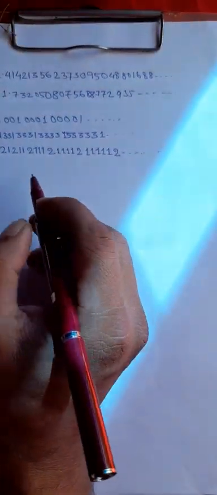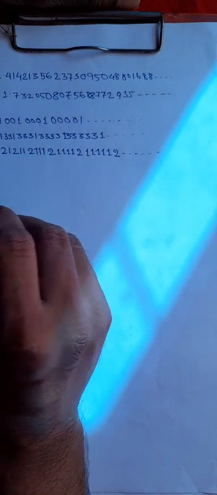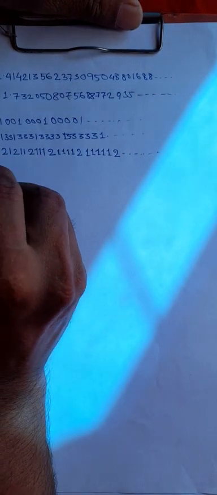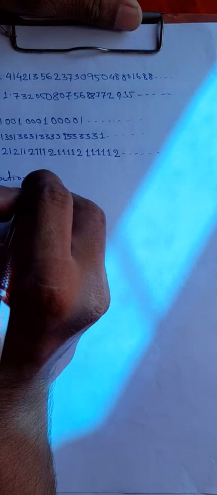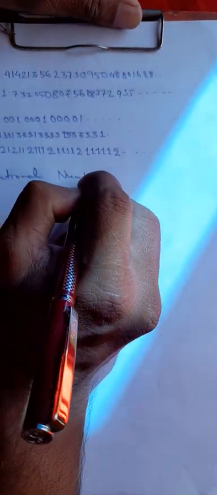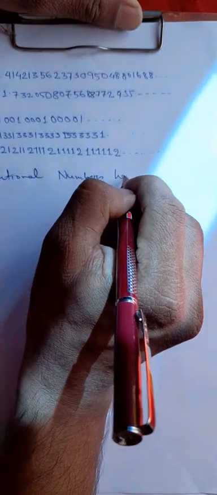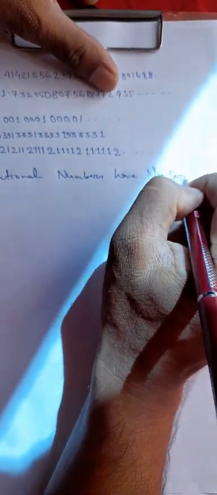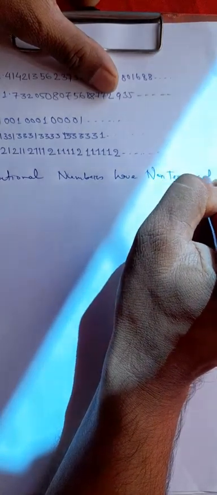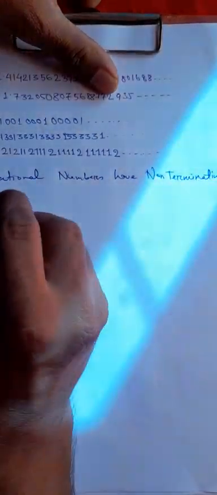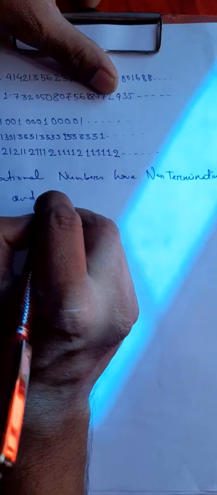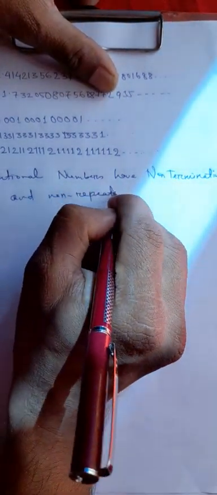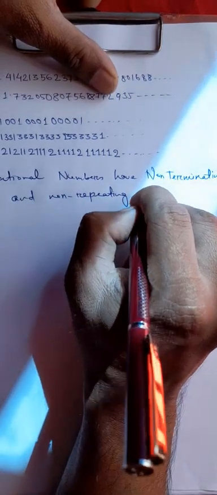Now this type of decimal expansions are called irrational numbers. So irrational numbers have non-terminating and non-repeating decimal expansion.